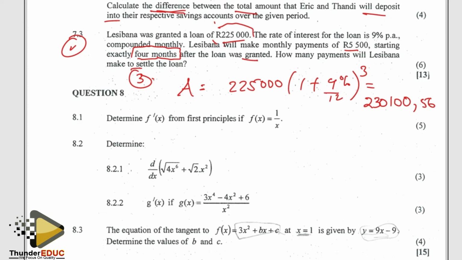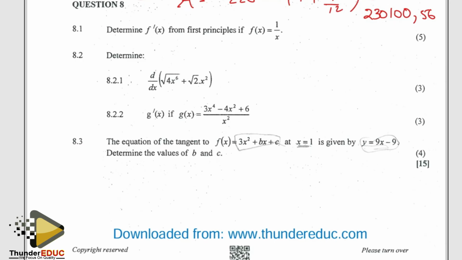Okay. Then question number 8, they want us to get the first derivative from first principles. So this question was a bit tricky, but it was easier, like it's quick. Okay. So f of x is 1 over x. We need to determine f of x plus h, which is 1 over x plus h.